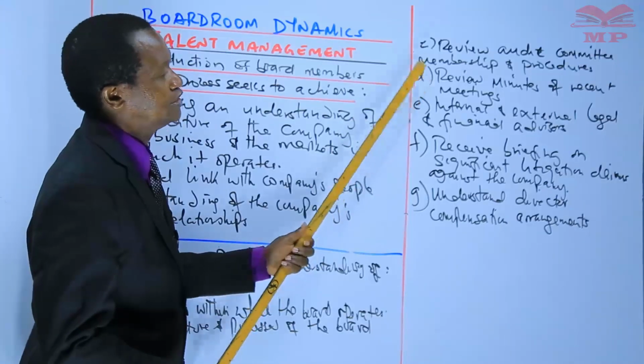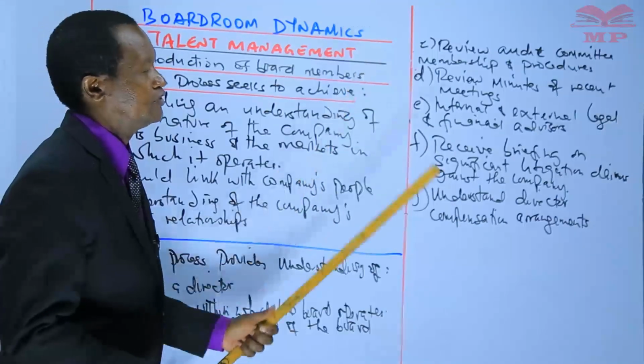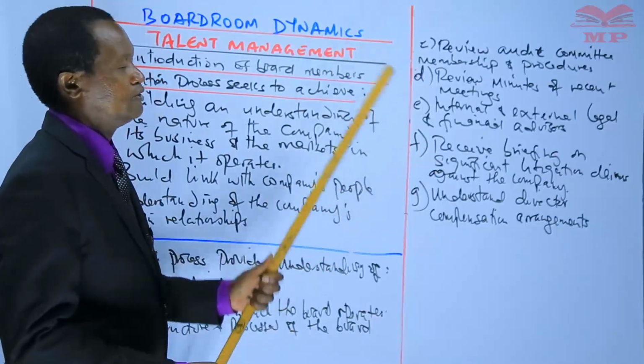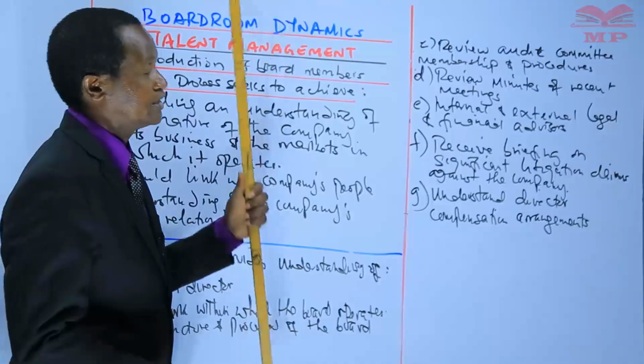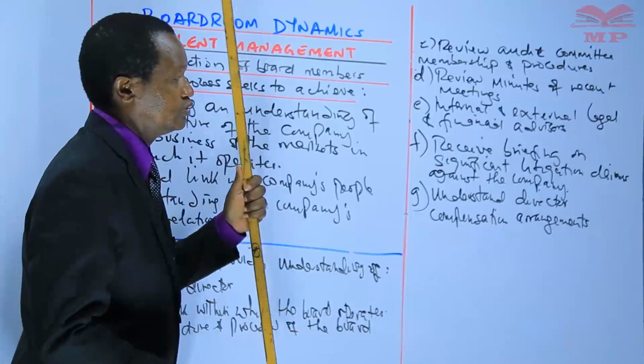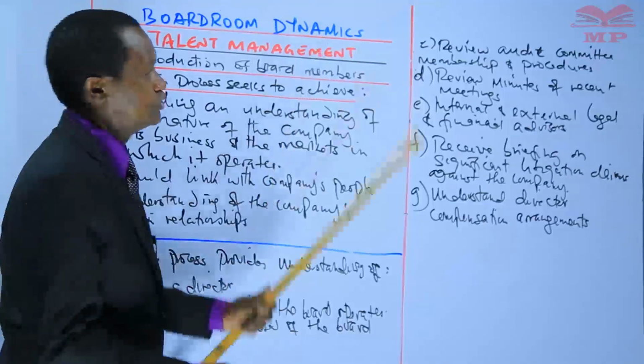Number four is reviewing minutes of recent meetings that may need the attention of the new member, that are relevant to the discharge of his or her duties.